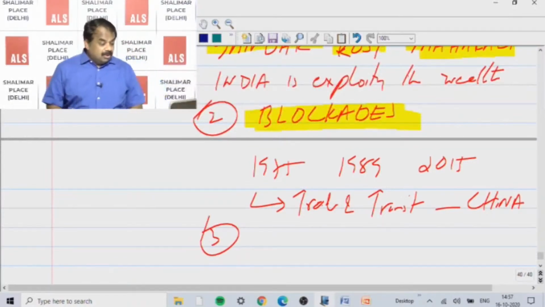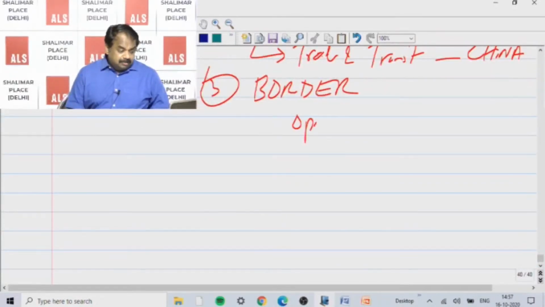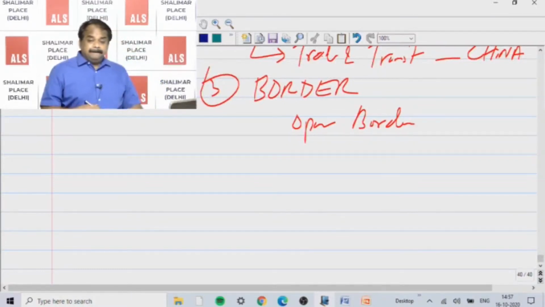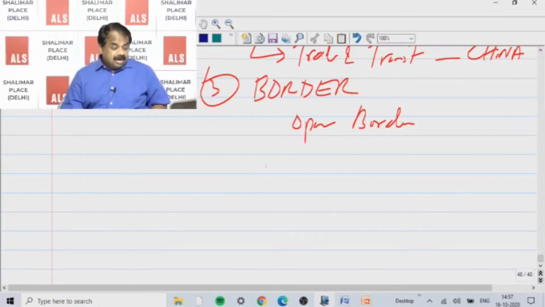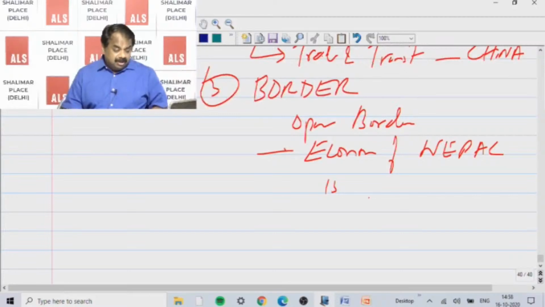That is number two. Number three is the issue of the border. See, we have an open border. Nepalis can enter India. Similarly, Indians can go to Nepal without any restriction. And because of the open border, most of the economy of Nepal is in the hands of Indian businessmen, especially in tourism and trade.